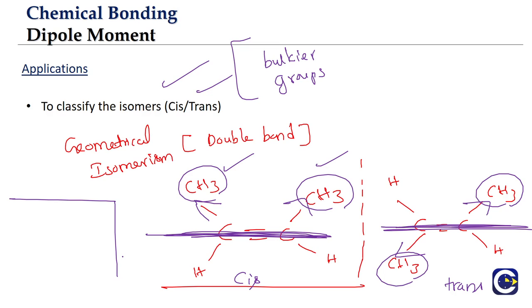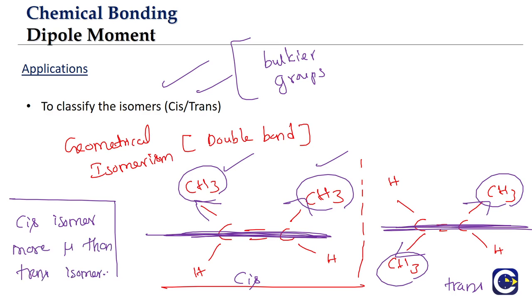Here we are just trying to understand that this concept of dipole moment is not just related to inorganic chemistry, but also to organic chemistry. So generally, a cis isomer will have more dipole moment than the trans isomer. This is what we need to keep in mind.